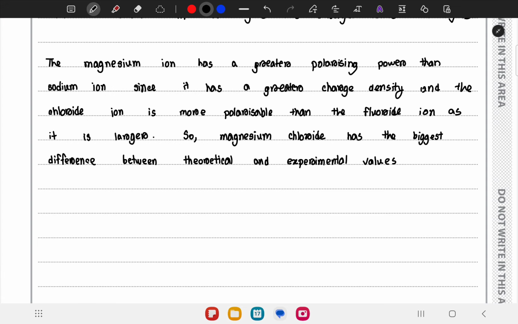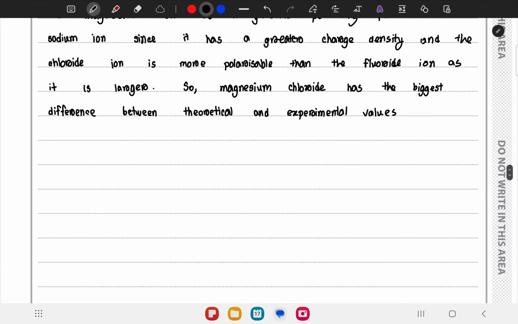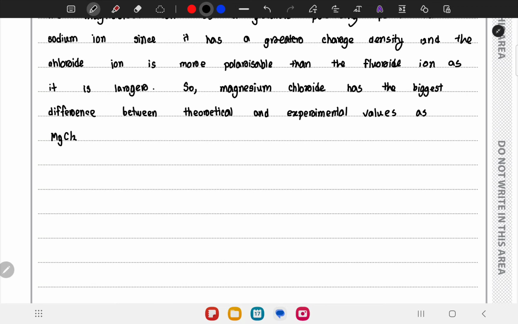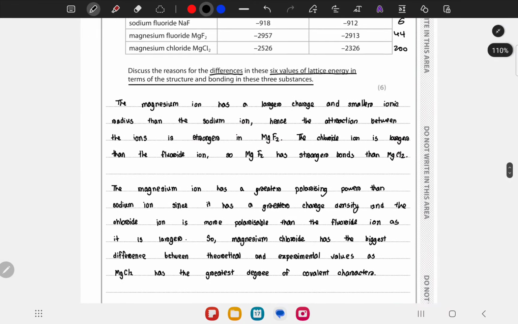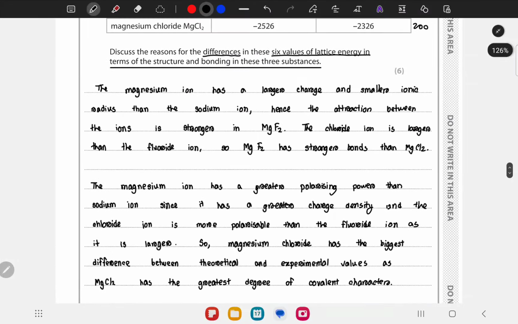As magnesium chloride has the greatest degree of covalent character, this is the reason behind the difference. So this is our answer to the 6 marker.